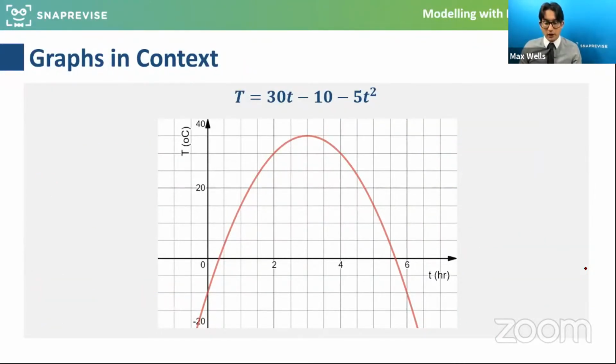So if we take this a step further now, brilliant comments in the chat as well, guys. Thanks very much. If this now was dressed up as a context that involved perhaps temperature of water and lowercase t represented the time passed, this now has a bit more meaning than it did a minute ago.